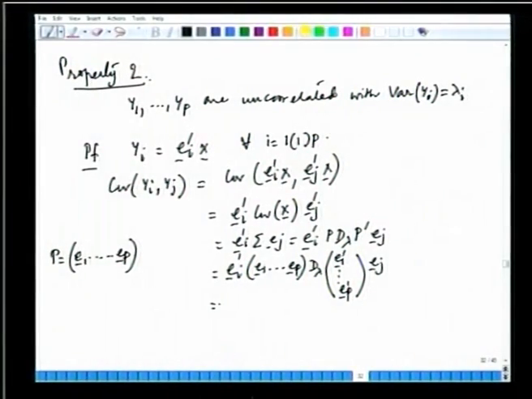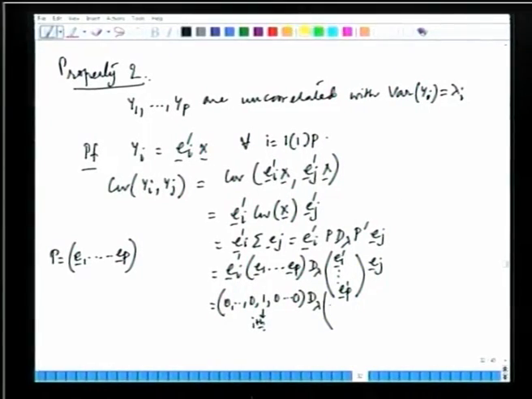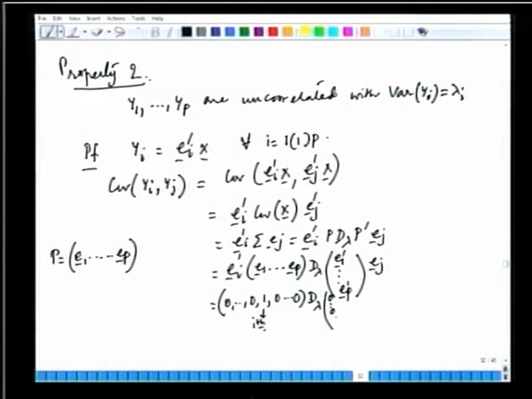Now since the Eis are orthonormal eigenvectors, I am only going to have a 1 in the ith position when this Ei transpose combines with the Ei here, so 1 in the ith position and 0 elsewhere, then D lambda, and then again, now this is important, because this is in the ith position whereas this is in the jth position, so they are never matching.